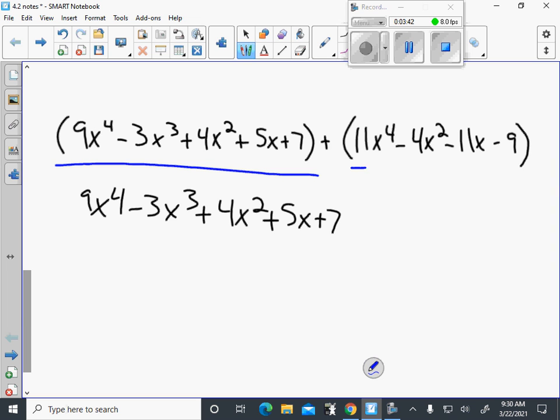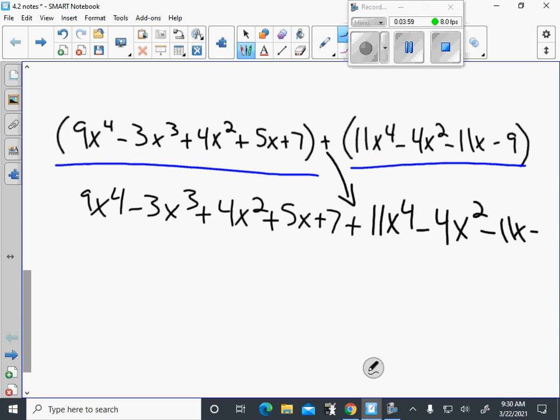Okay, how about in this parentheses? Can I do anything? No, we don't have any like terms. So that plus is just going to drop down right there. 11x to the fourth, I'm just going to rewrite what was in parentheses. Now, here's my new equation, or trying to find the sum, whatever you want to say.